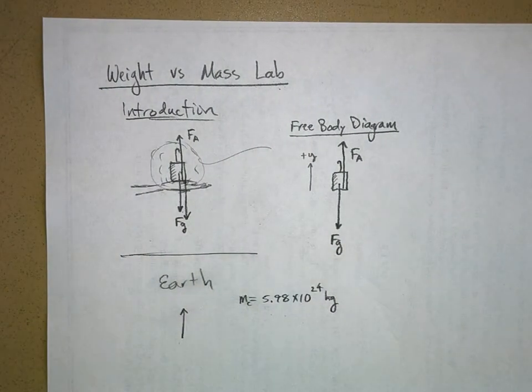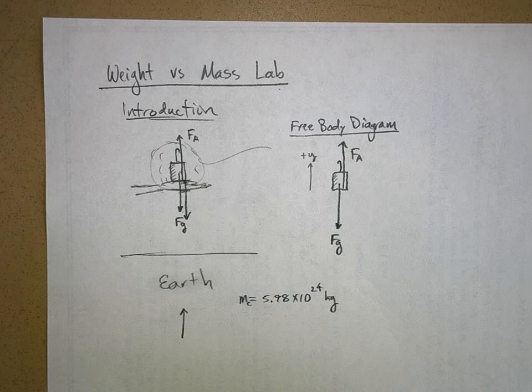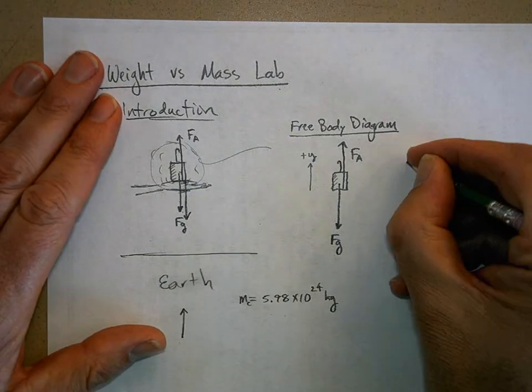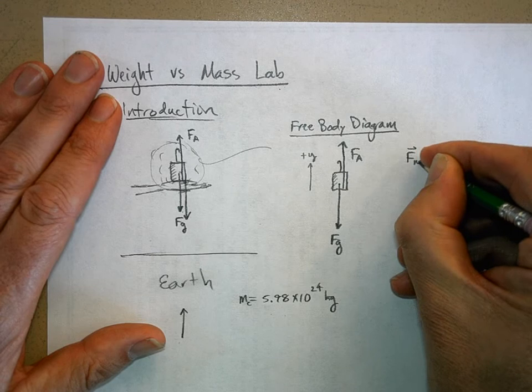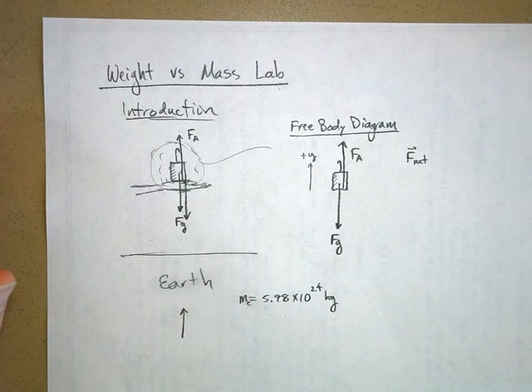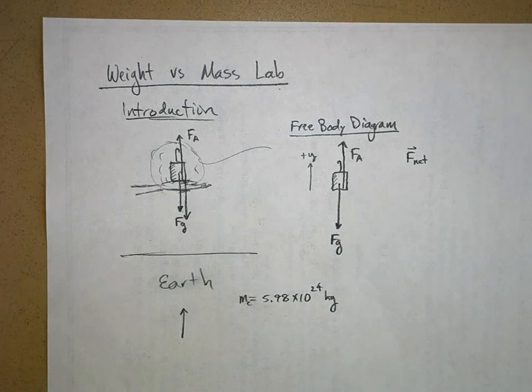And once you've correctly drawn a free body diagram, you can now use Newton's second law, which was covered in the video on Friday that you watched while I was out at the CSTA conference. And what is Newton's second law? Newton said, hey, the result of applying a net force to an object is to make that object accelerate.